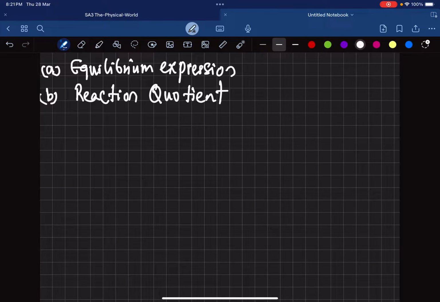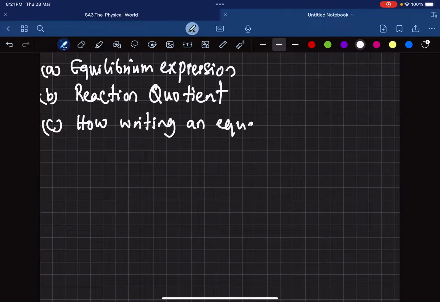So reaction quotient, what are we going to be looking at? How writing an equation can change the k value.